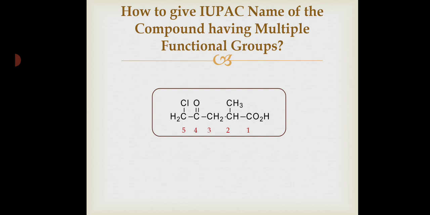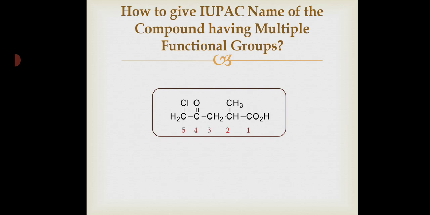The prefix name for the Cl halide will be chloro. For the keto, when it comes as a suffix name, it is "one". But when it comes as a prefix name, as I have shown you in the table, it comes as oxo. So the keto name will be 4-oxo, the chloro will be 5-chloro, and methyl will be at the 2 position.